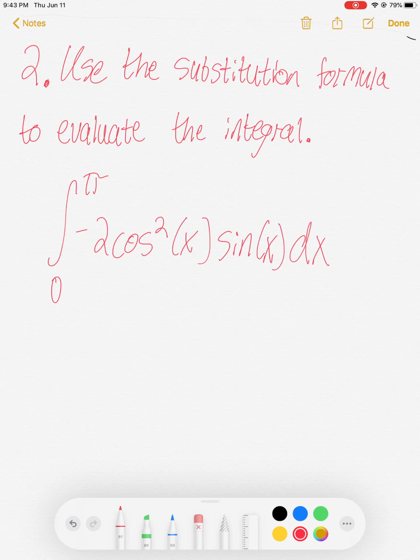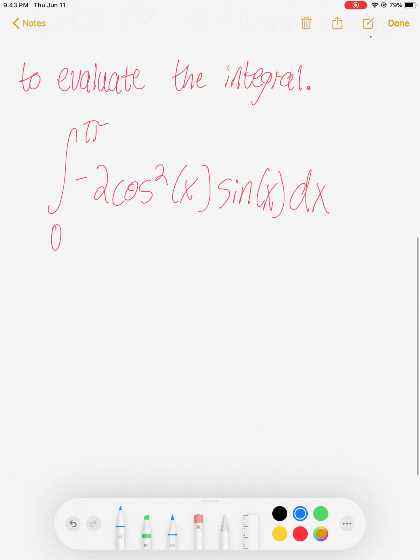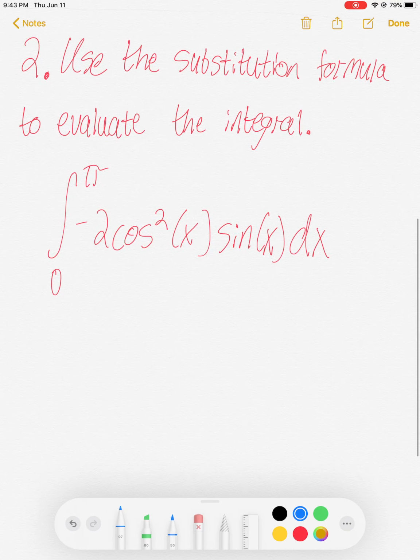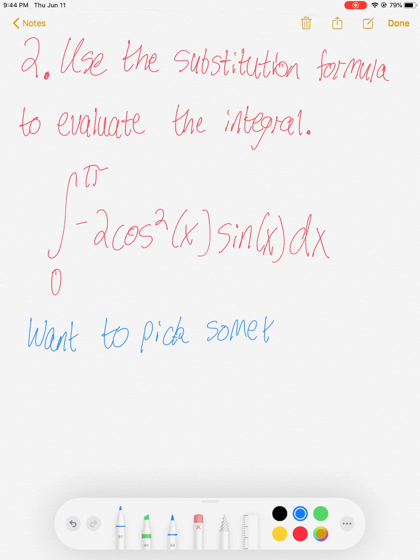So the integral which we will be evaluating here is negative 2 cosine squared x times sine of x dx. There are a few problems in a row that ask us to use substitution to evaluate integrals with sines and cosines. The technique which we're going to use here is going to be basically the same technique which you're going to want to use for all of those problems. And in particular, the substitution which we're going to make is going to be very similar.